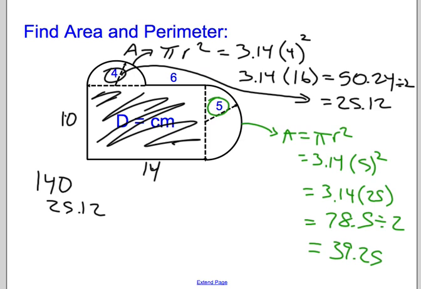So that is the area of the larger semicircle. So 39 and 25/100. Add those up.